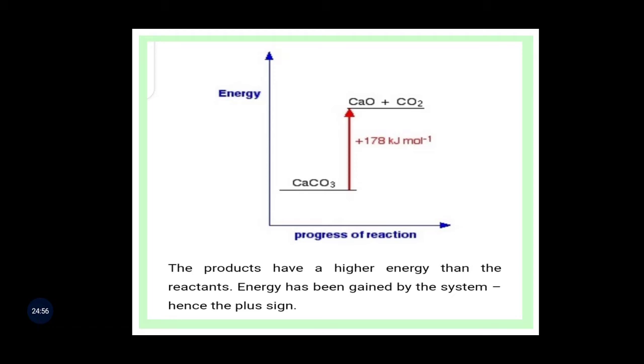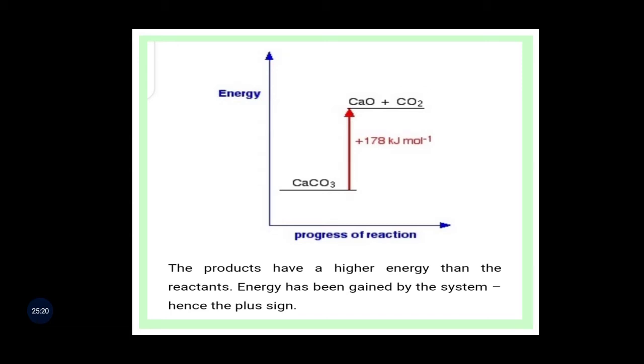Is it decomposition? Is it combustion? Is it dissolution? Then from there, thank God you already have types of chemical reaction in your notes, you will be able to classify them into either exothermic reaction or endothermic reaction. Then from there, you can now draw the energy profile diagram.